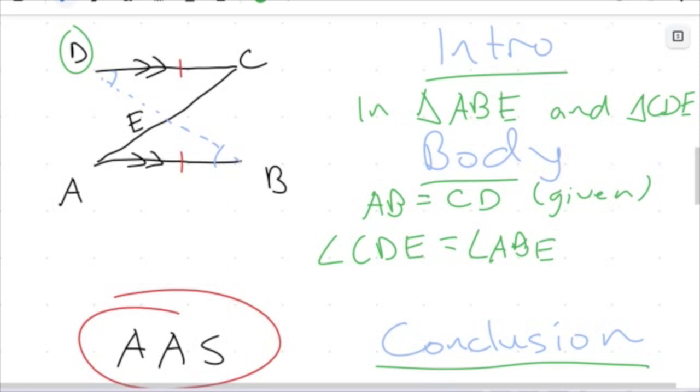I've written this ABE with the B in the middle because that is the pointy bit where my angle is located. So I have made a statement that these two are equal.